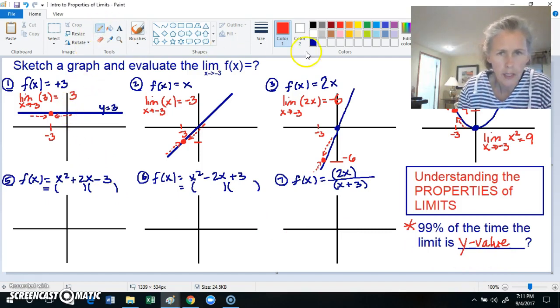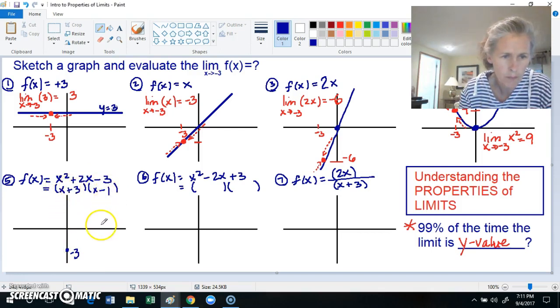Okay, let's take a look at number 5. We have the parabola x squared plus 2x minus 3. I know the y-intercept is -3. I know this factors into x plus 3 times x minus 1. Therefore, we have zeros at -3 and +1.